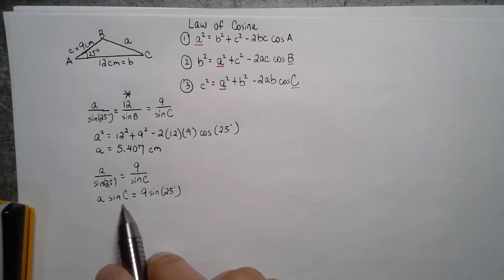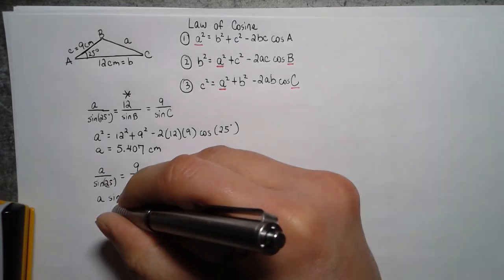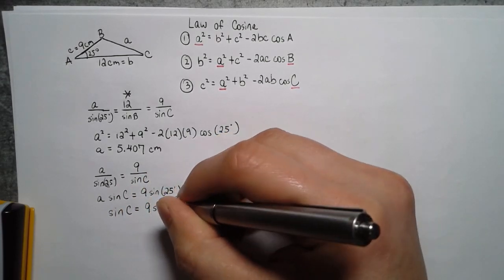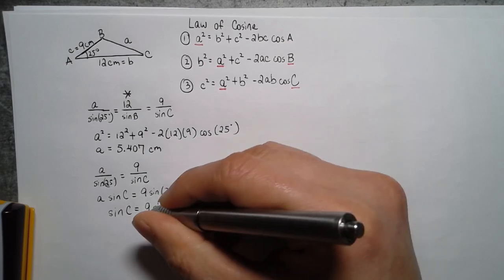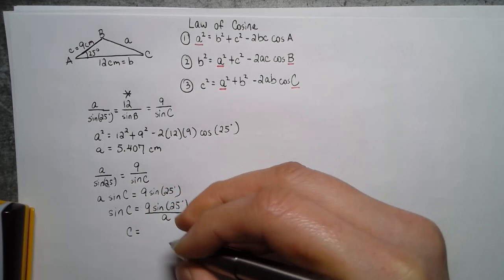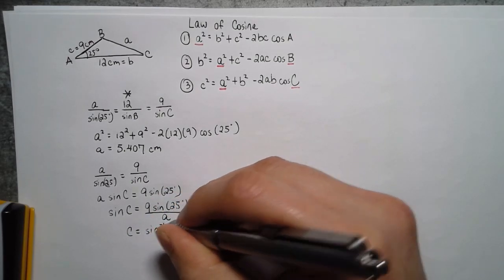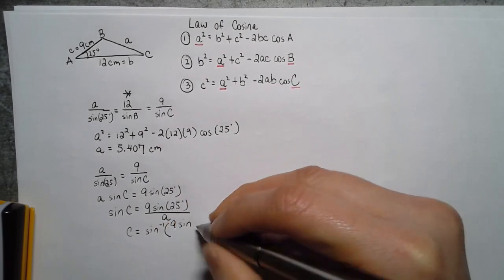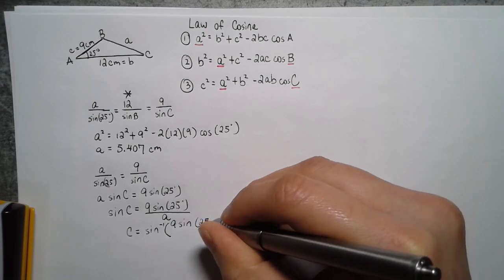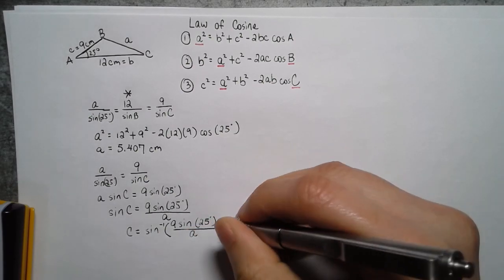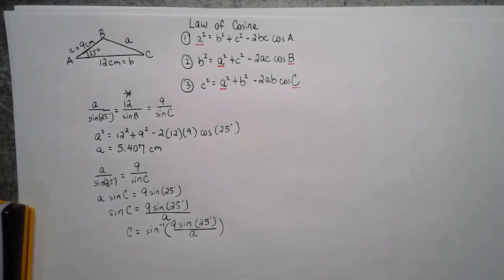Now remember, we do have A and we're looking for angle C. So I'm going to divide by A on both sides to give me 9 sine of 25 degrees divided by side A. And to get angle C by itself, I need arc sine. So angle C is arc sine of 9 sine of 25 degrees over A. I'm going to put that in the calculator.